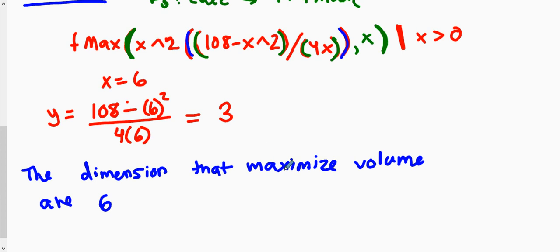So our box would be 6 inches by 6 inches by 3 inches. And that would be our answer to this problem. We have optimized this box and found the best setup for it.